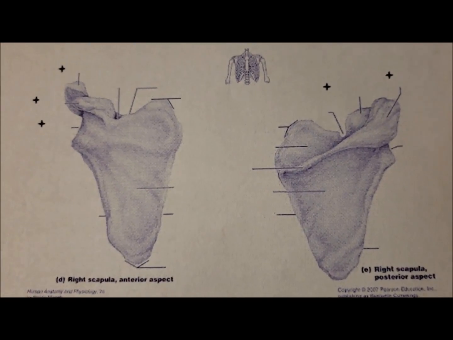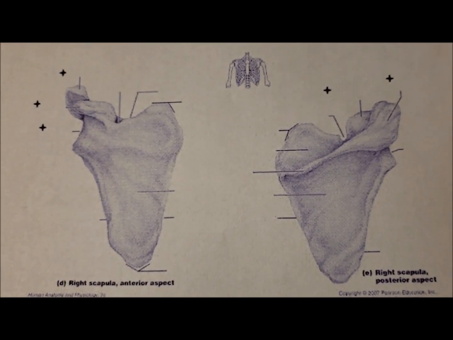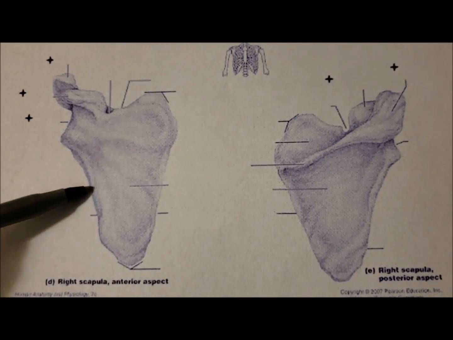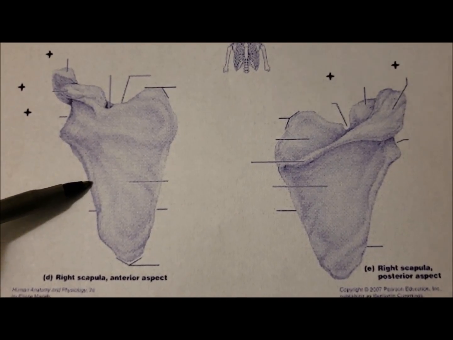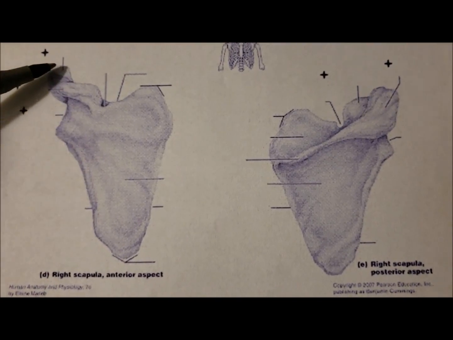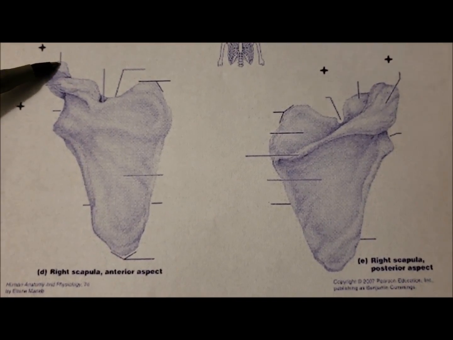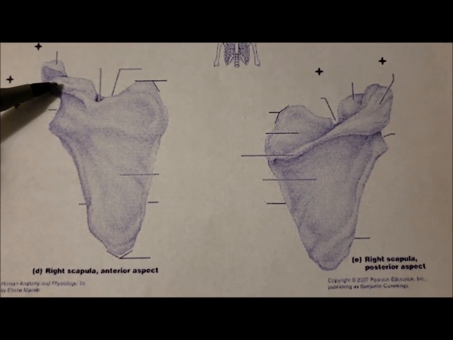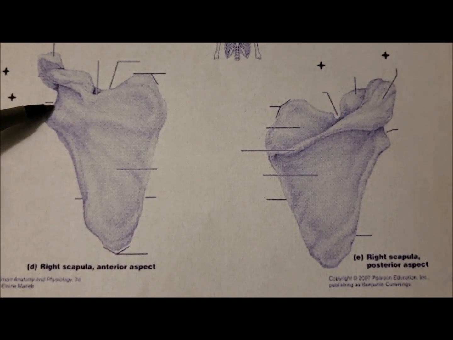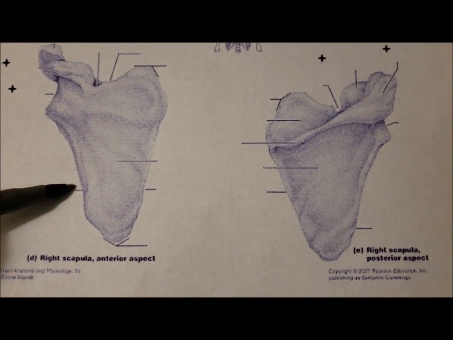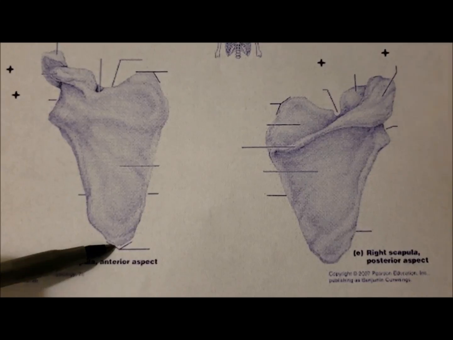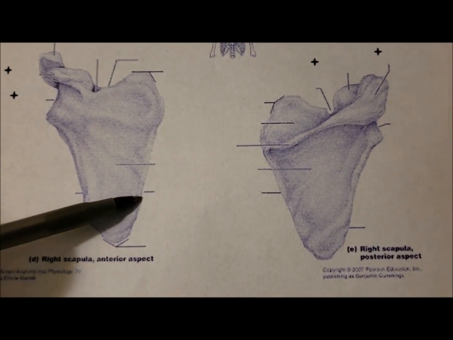Anatomy of the scapula. I would like to discuss the anterior aspect of the scapula first. This is the right scapula. Starting off with the acromion, we will move on to the coracoid, glenoid cavity, lateral border, inferior angle, medial border.